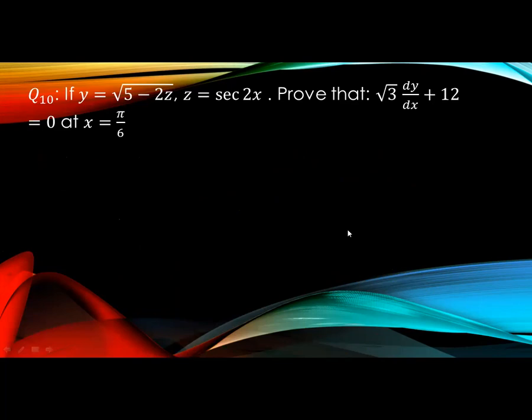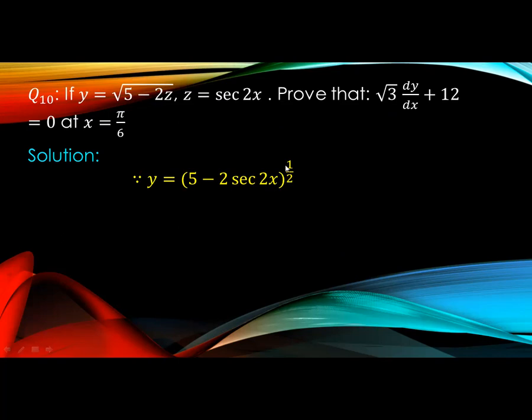Exercise number 10. If y equals root 5 minus 2z and z equals sec 2x, prove that root 3 dy by dx plus 12 equals 0 at x equals pi over 6. First, we can rewrite y in the form y equals root of 5 minus 2, substituting z by its value, sec 2x, all to the power half.